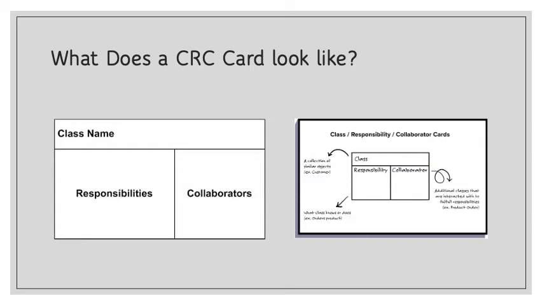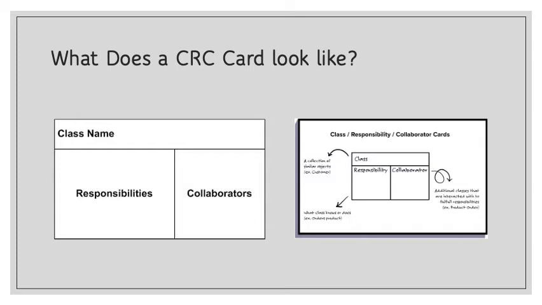So let's say the class is supposed to convert euros to dollars, then on the collaborator side would probably be get dollars, because that is how it helps the responsibility.